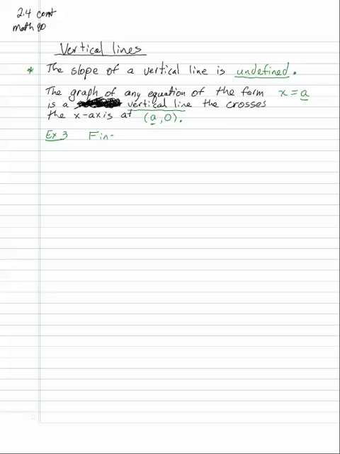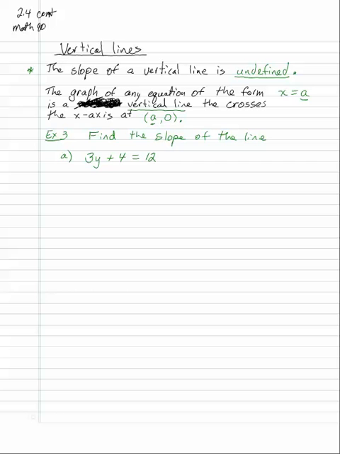All right, let's say I ask you a question like this: find the slope of the line. Now be careful. So we got 3y plus 4 equals 12. And remember, to find slope, you want to put it in slope-intercept form.